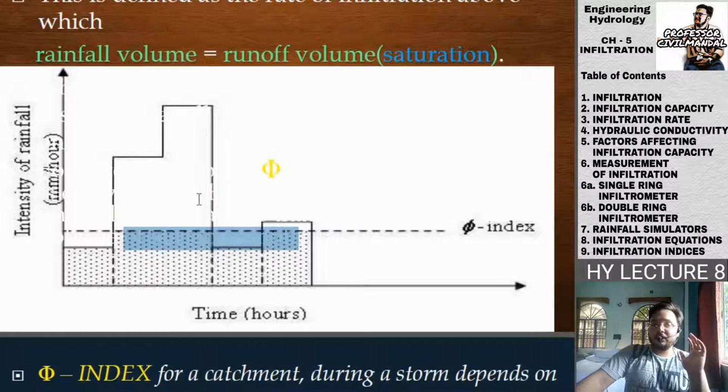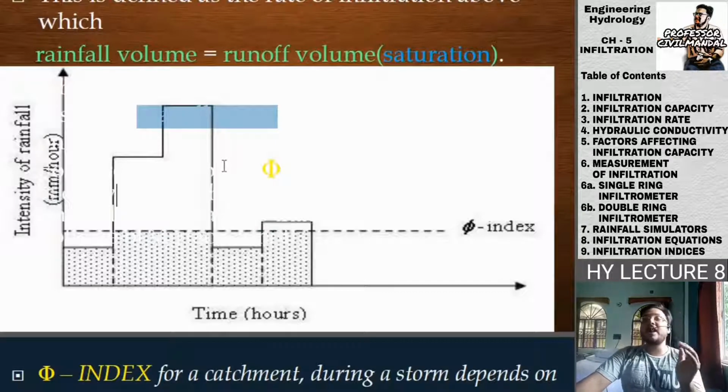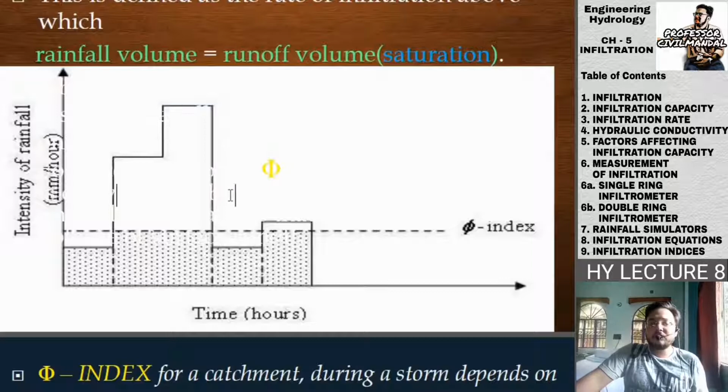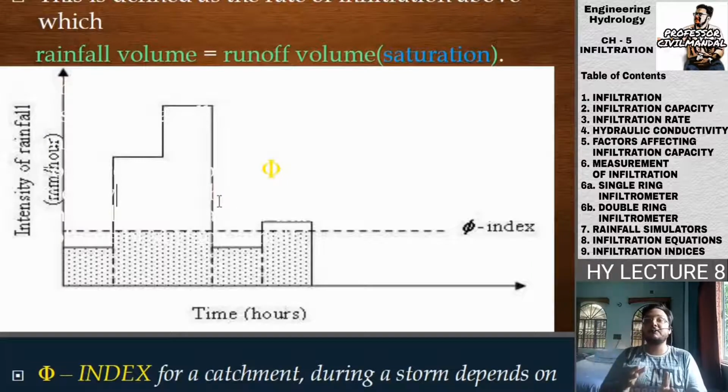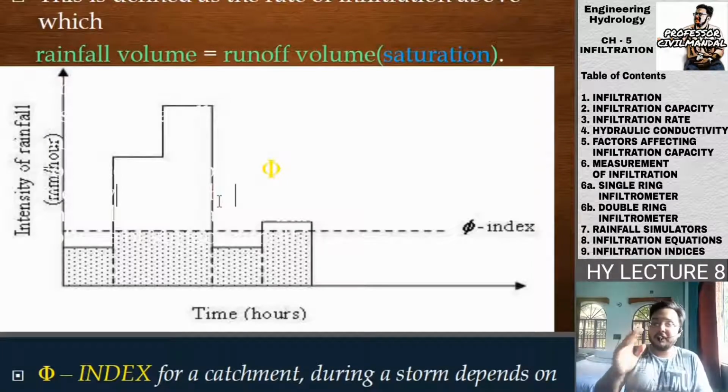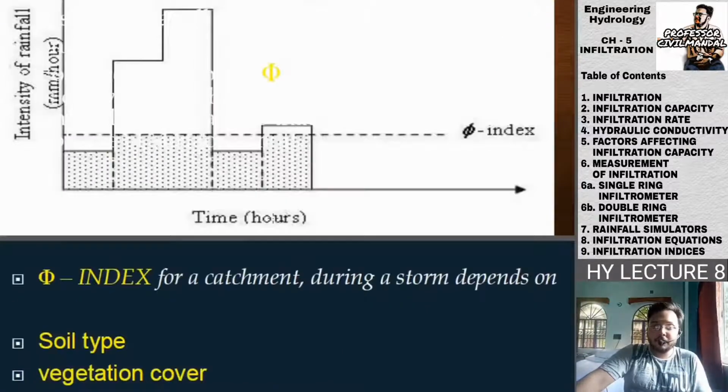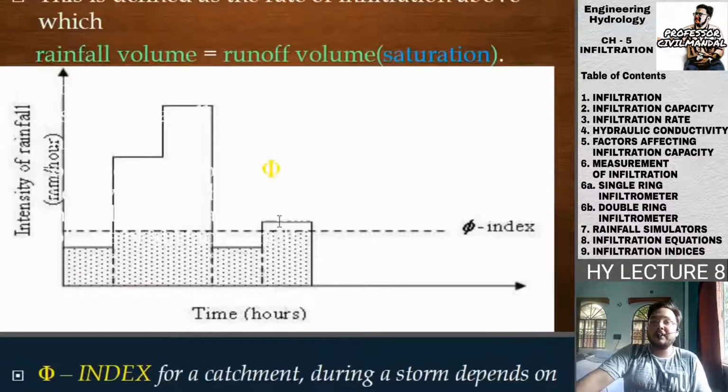Now, beyond this, what will happen to the extra amount of water? This will add up to the runoff present in that particular catchment or landmass. Sometimes if this runoff is in excess, flood will happen. So this is how our phi index is used to analyze whether we will suffer from some major flood or not. This is a very useful term for our hydrological engineers.